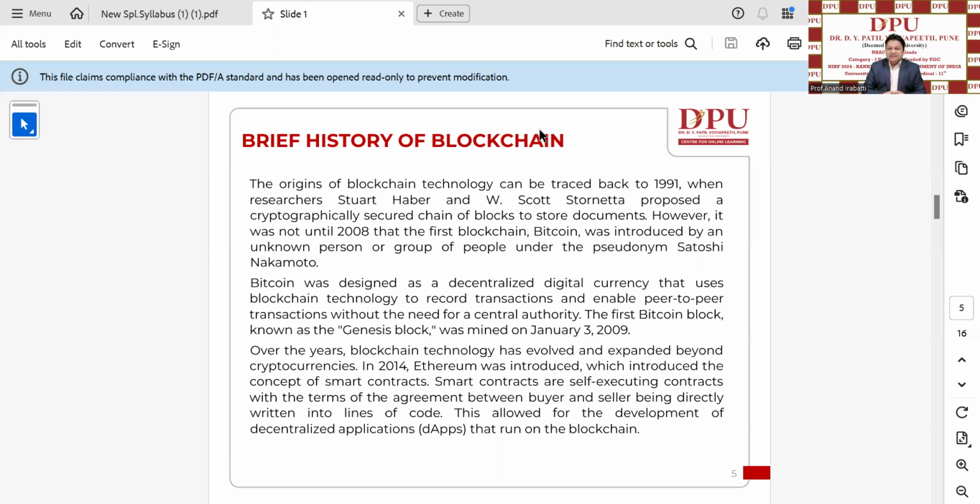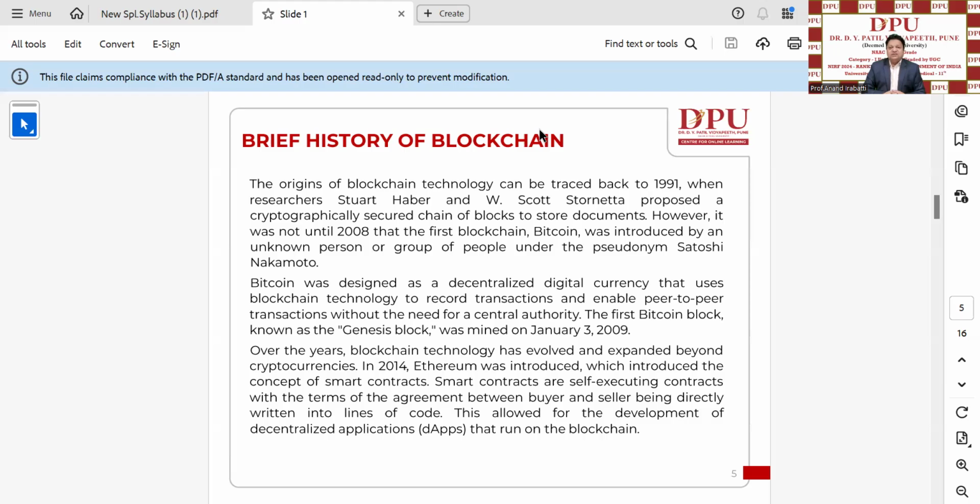So if you see the history of blockchain technology, it started with the researchers Stuart Haber and W. Scott Stornetta, who proposed how cryptography can be used to secure information.